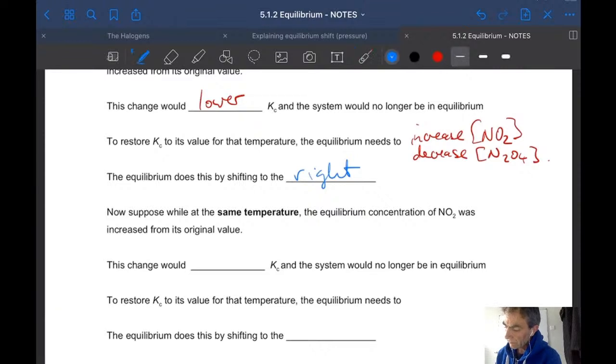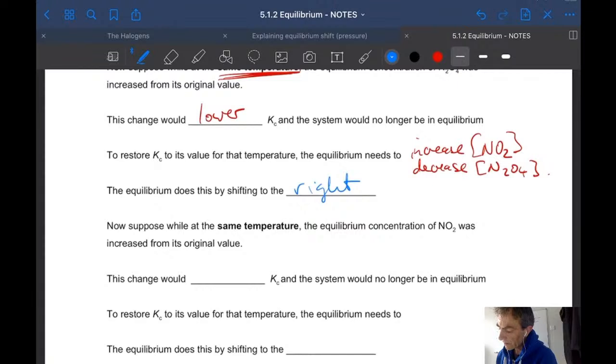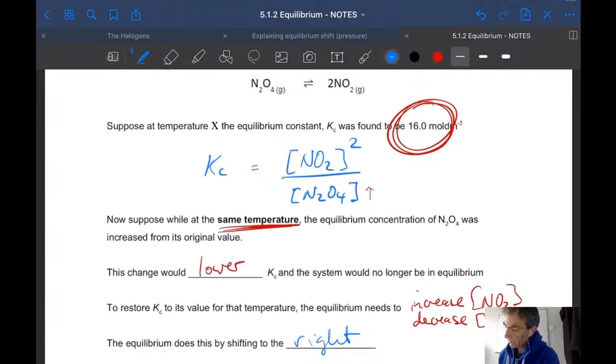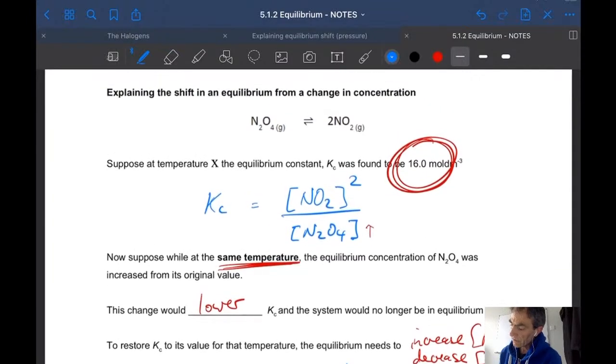So we'll just flip the scenario now. Now suppose while at the same temperature, the equilibrium concentration of NO2 was increased from its original value. So in other words, this has gone up.